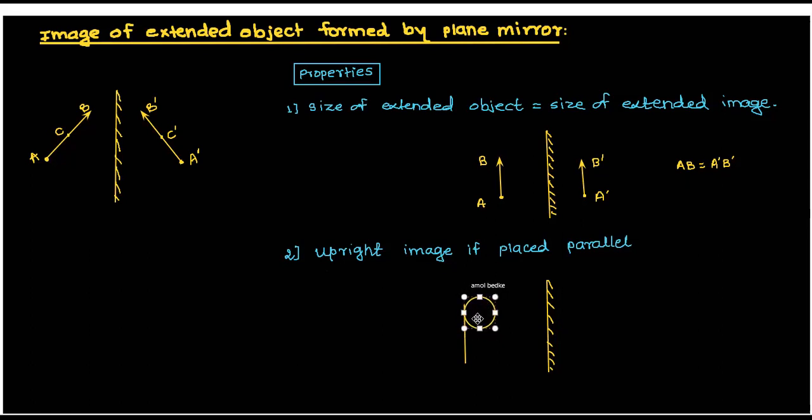Like this. Okay, like a P shape. So how do you get its image? Your image is formed like a Q.